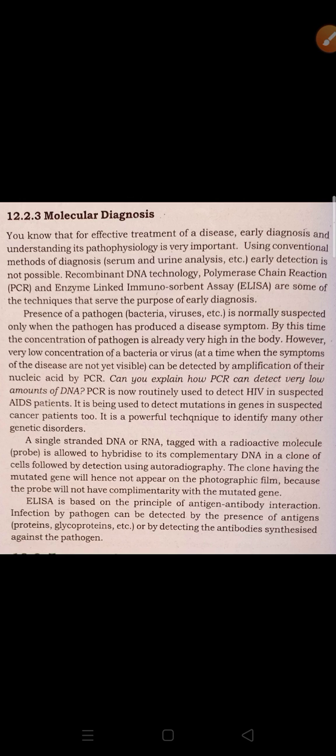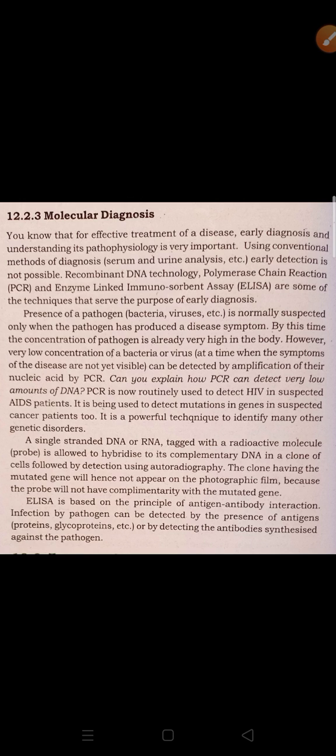So detection of HIV, as I told you, is only done by ELISA. I think it is clear. A single stranded DNA or RNA is a radioactive molecule that hybridizes to the complementary DNA. With the help of autoradiography also we can identify normal or infected DNA.